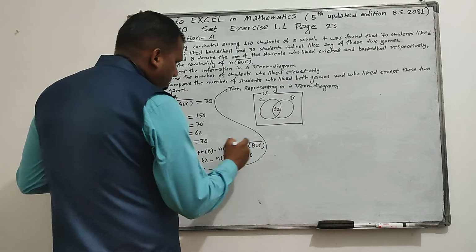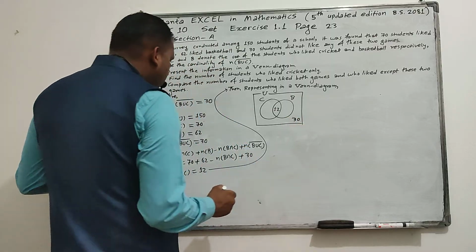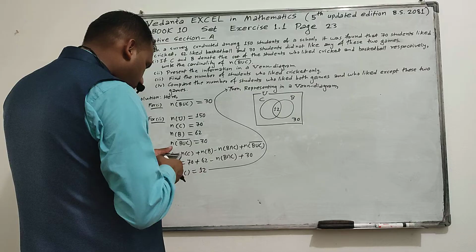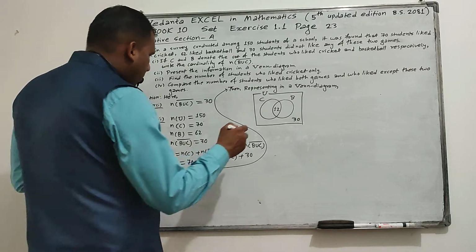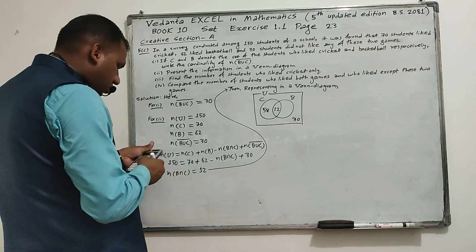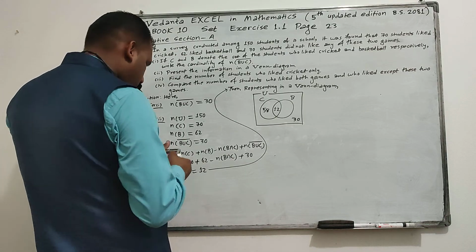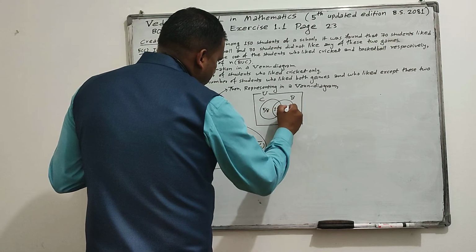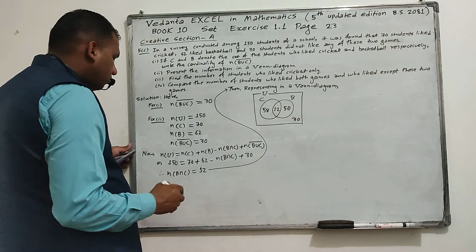Like none, that is 30, here is 30. Like cricket only, 70 minus 12, that is 58. Like basketball only, 62 minus 12, that is 50. This is the required Venn diagram.